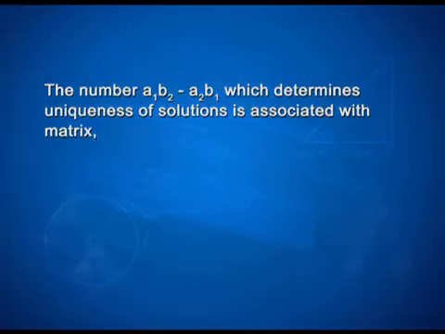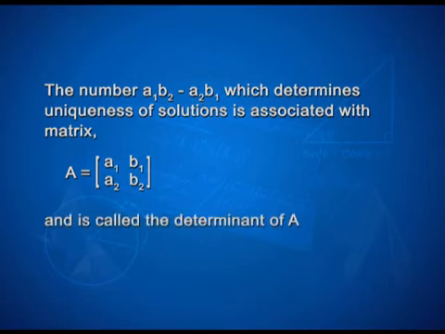The number a1 b2 minus a2 b1, which determines the uniqueness of the solution, is associated with the matrix A, [a1 b1; a2 b2], and is called the determinant of A.